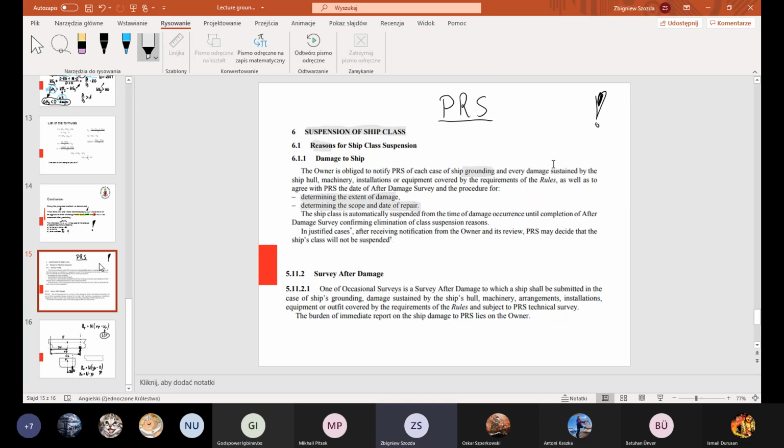And after such survey, the surveyor determines the scope of repair, if necessary, of course, and date. And the ship owner has to repair the ship in the shipyard. So it is better not to ground vessels.